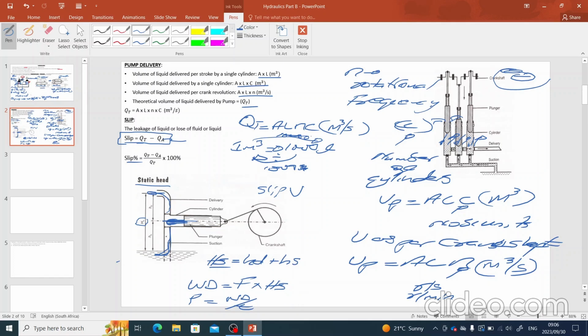And remember, since we are dealing with hydraulic hoses, the work done would be pressure multiplied by volume. Now, if our volume is per time, then we can calculate power. It is pressure multiplied by volume per time. Then we get power, okay?